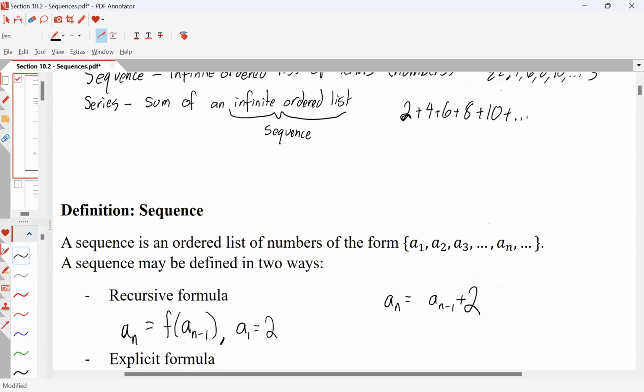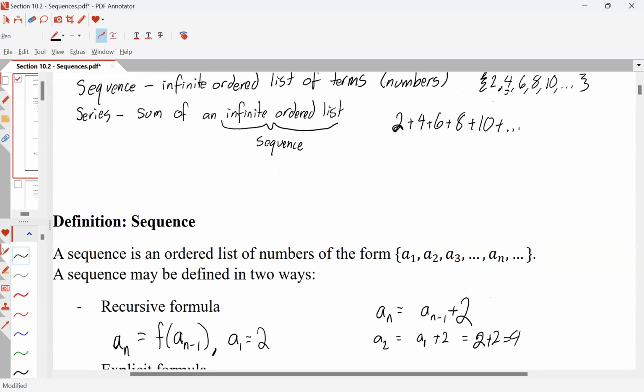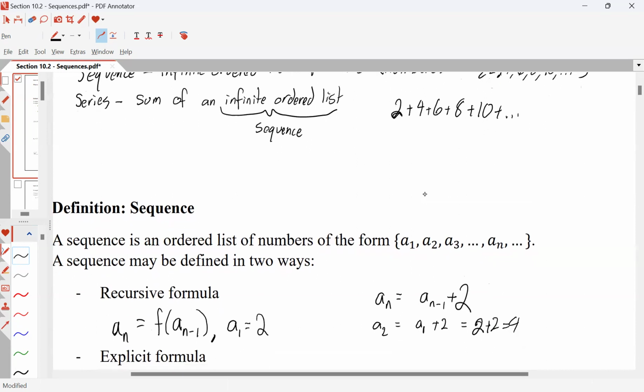Then, if I want to find a sub 2, I take the previous term, a sub 2 minus 1, and add 2. Which is 2 plus 2, which is 4. So the second term in the sequence is 4. The third term takes the 4 and adds 2. That is the recursive formula. I should say, for a recursive formula, a sub 1 equals some number. In our specific example, a sub 1 equaled 2.